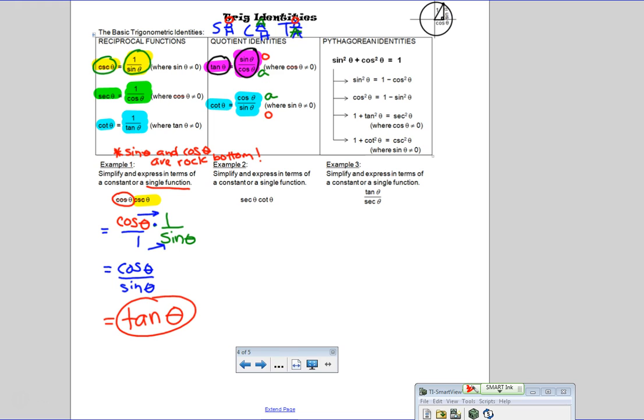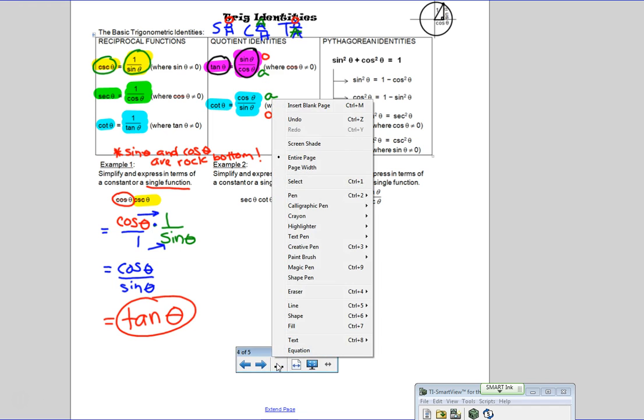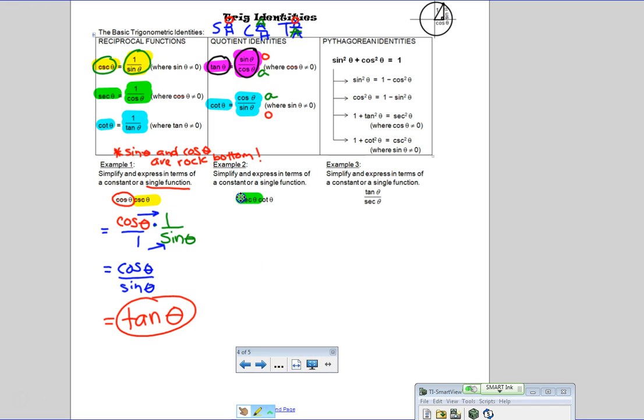Example number 2, simplify and express in terms of a constant or a single function. All right, basically they want you to simplify. So secant theta. Well, I can do something with secant theta. Secant theta is the green formula up there. So I can replace that with 1 over cosine theta. Again, we are multiplying. When there's no operation, it's multiply. And then we have to do cotangent.